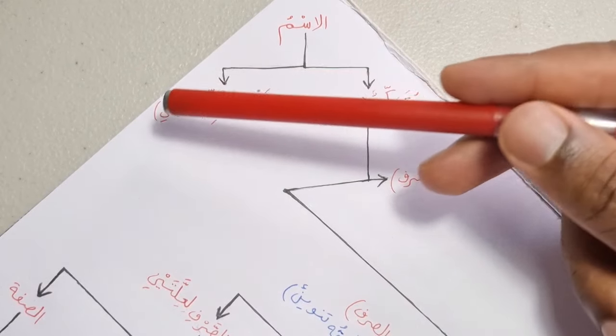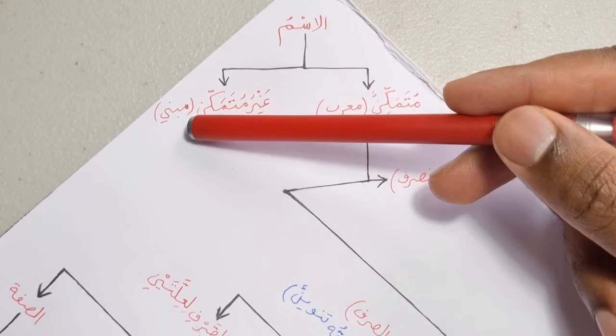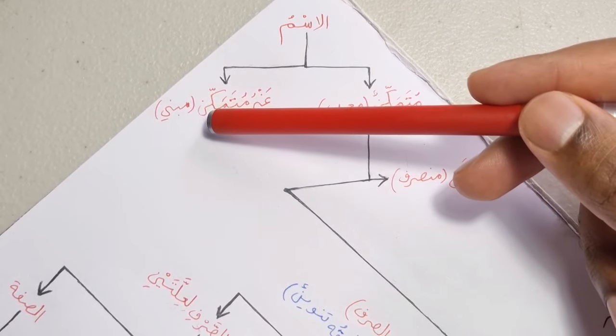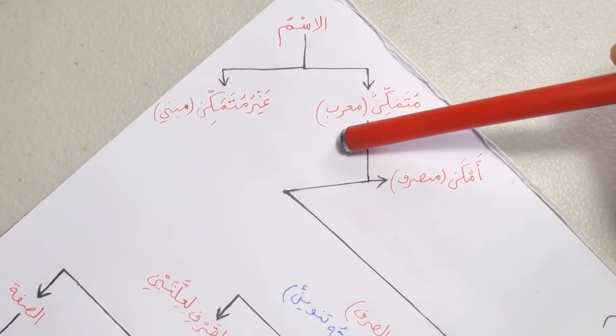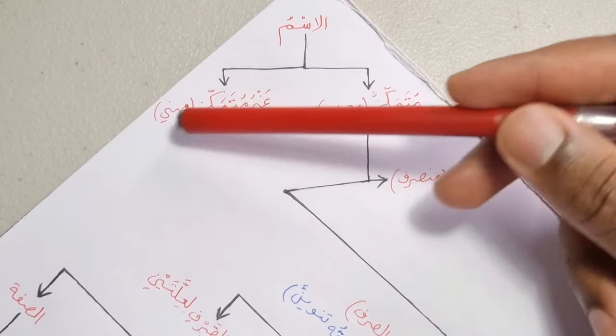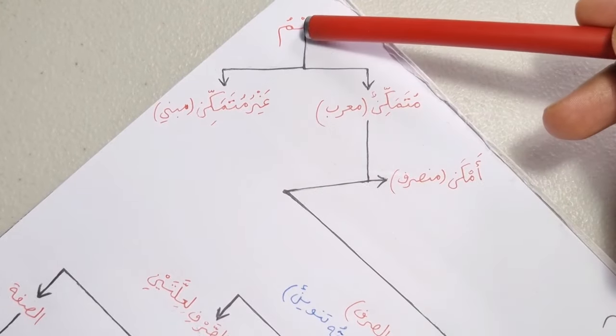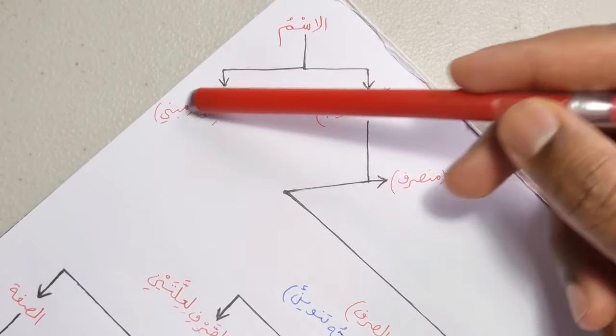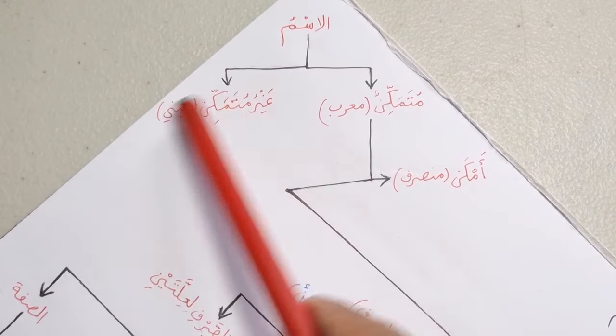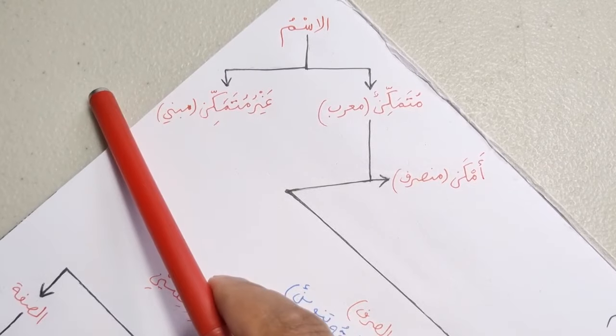So if this resembles this, it becomes mabni also. And they have a saying or a principle, الشيء إذا أشبه الشيء أخذ حكمه. If something resembles another thing, it takes the same ruling. So because this one resembles the harf, it took its ruling in it becoming mabni. So with غير متمكن, we're not going to be discussing this. We can put this aside.